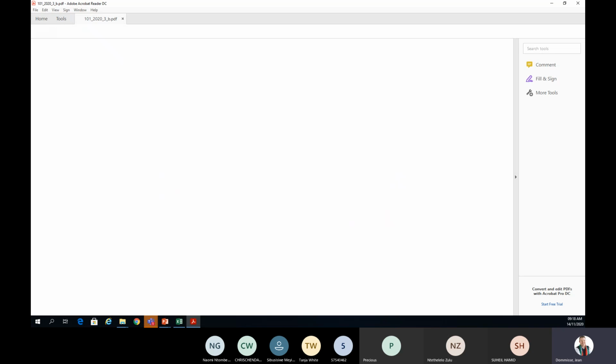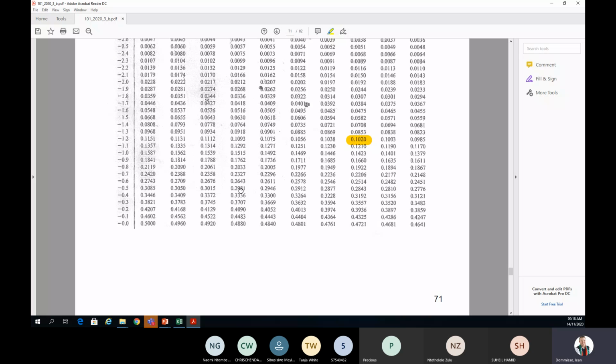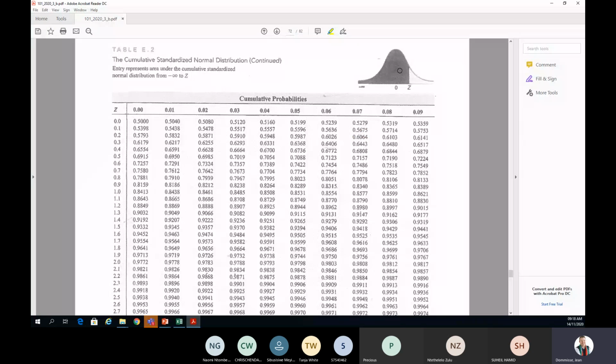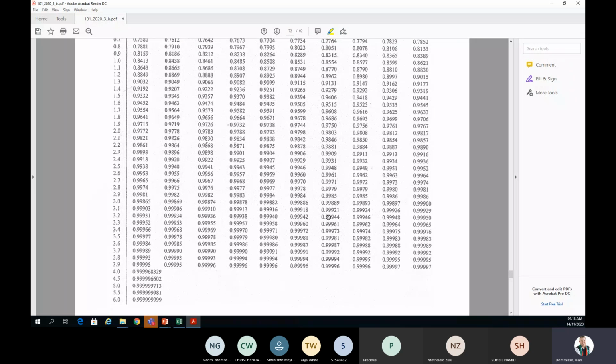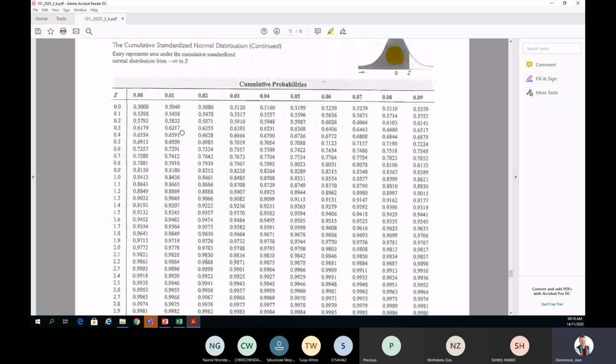Then I would go to this, so we know that we're looking for where this value must be equal to 0.6. So I need to look where it is 0.6. And now you can see there's a 0.6, so it's somewhere in between there.